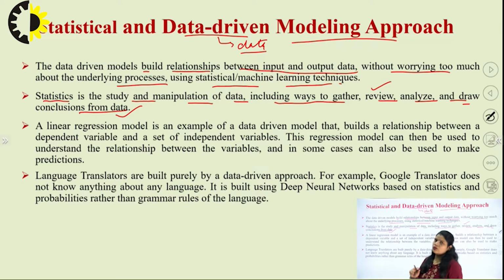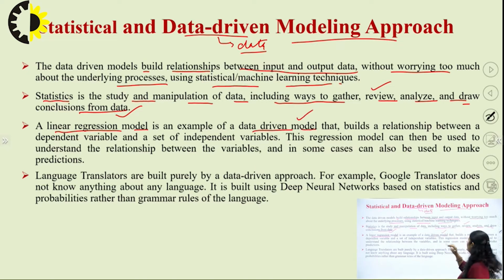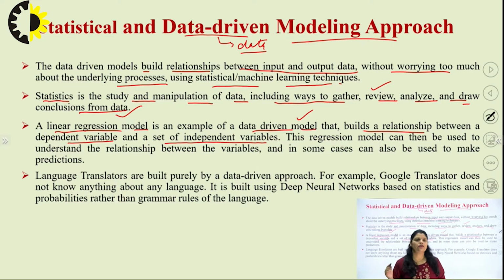A perfect example of the data driven modeling approach is the linear regression model. In this we build a relationship between a dependent variable and a set of independent variables. So, in a regression model, two types of variables are available: one is the dependent variable and the other is the independent variable.